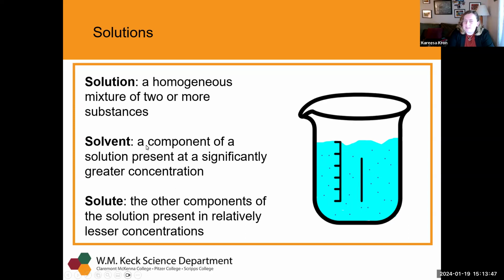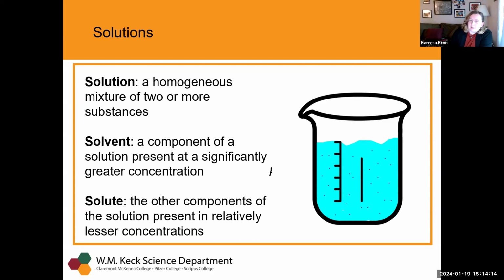And so the solvent is the component of the solution present at a significantly greater concentration, whereas the solute is the components, one or more, of a solution present in relatively lesser concentrations. So this picture here that I've drawn with color, you might not see these molecules like this. They should be maybe one solid color, or maybe you don't see a color.